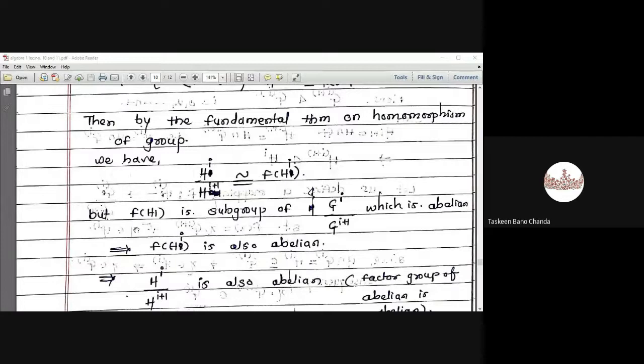But f of h is isomorphic, because range of a function is supposed to be always the subgroup.